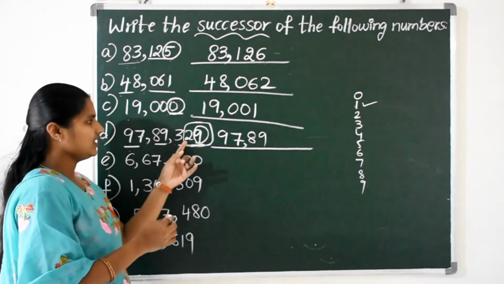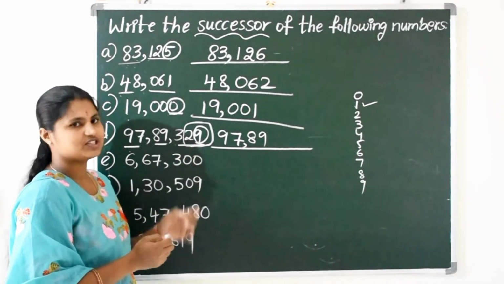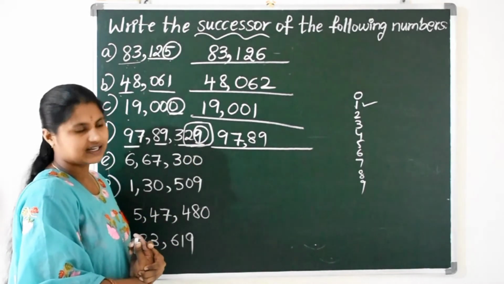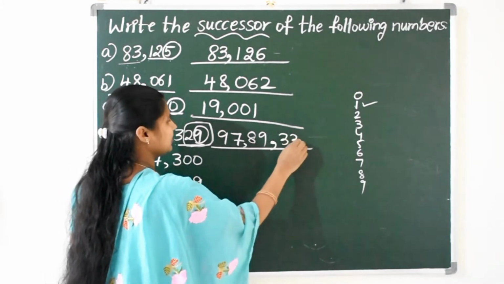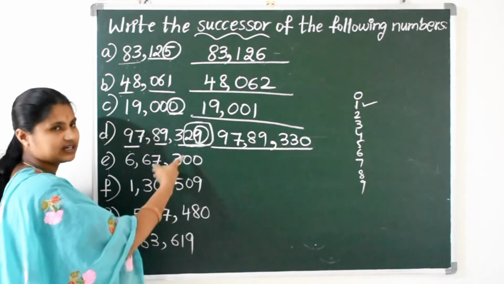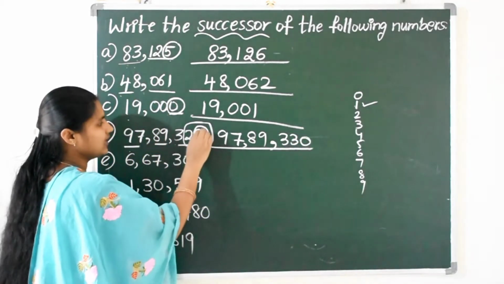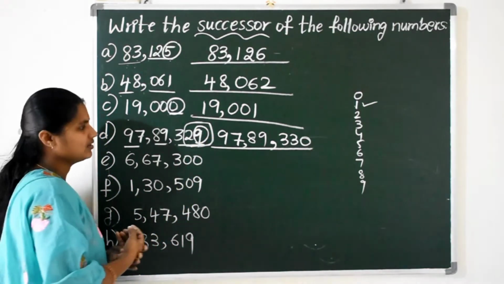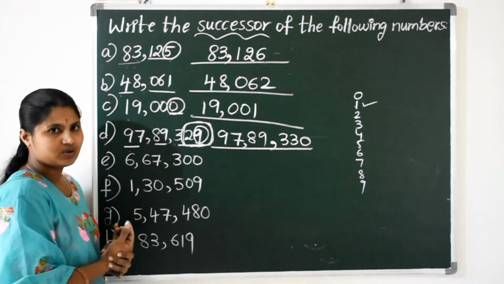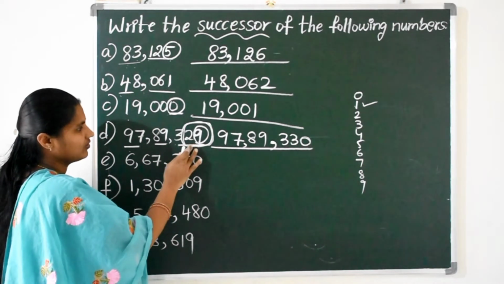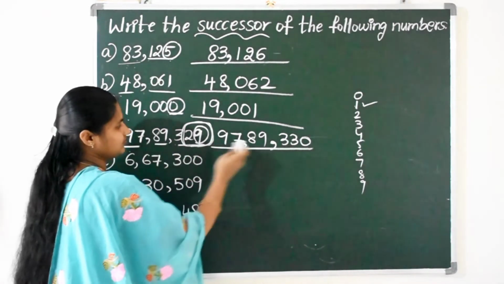Okay, 29. 29 after which number comes? Yes, 30. So 97,89,330. Okay, is it clear? If you see the last digit 9, then you have to check the last 2 digits. Okay, whatever number comes after, write that.